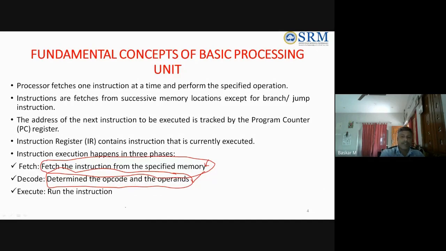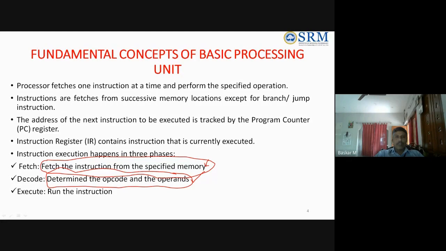How many operands are involved? A particular operation may use only one operand, in some cases two operands, in some cases three operands. Where they are located, all this information is captured by the decoding unit. After decoding, we have to execute the instruction. Executing the instruction means we complete the specified operation. If it is addition, it is an addition operation; if subtraction, a subtraction operation.